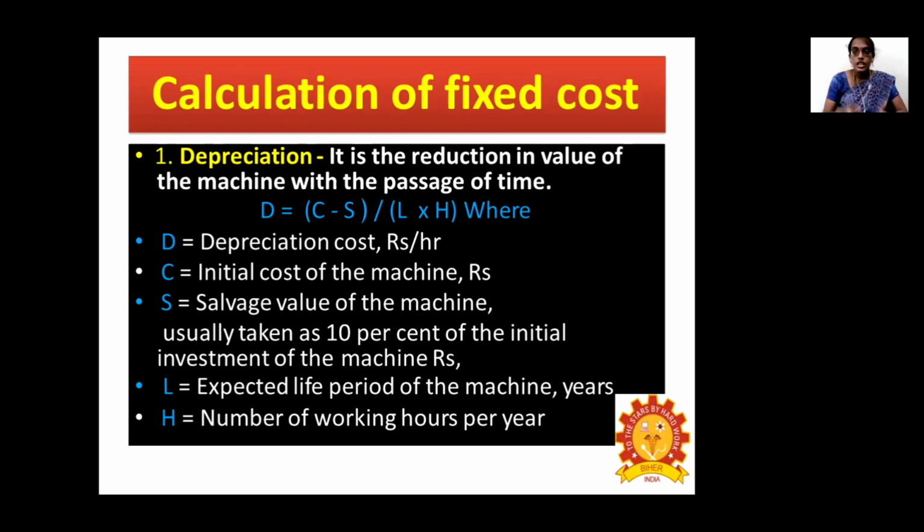With respect to a certain day, how many rupees are depreciated can be calculated using D. C is defined as the initial cost of the machine, and S is defined as the salvage value, normally taken as 10% of the initial cost of the machine. L is defined as the expected life period of the machine in years. H is defined as the number of working hours.